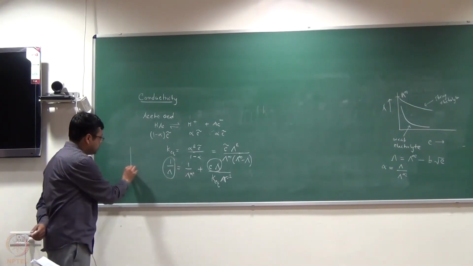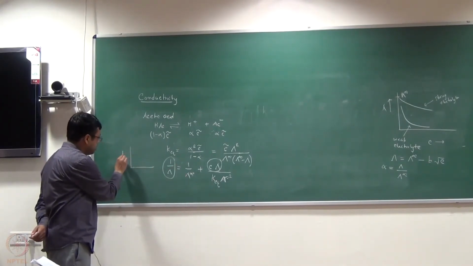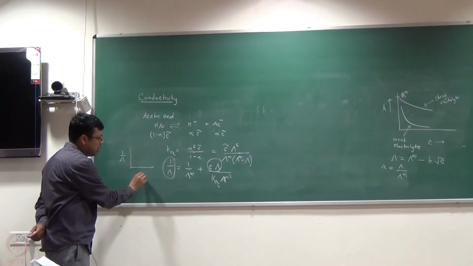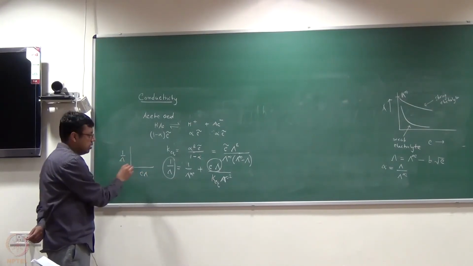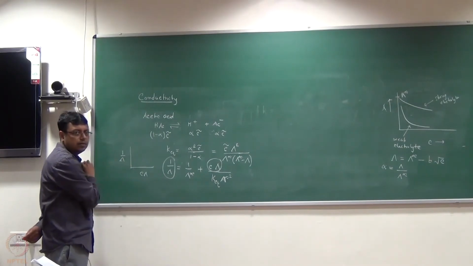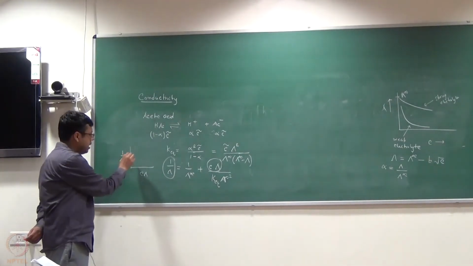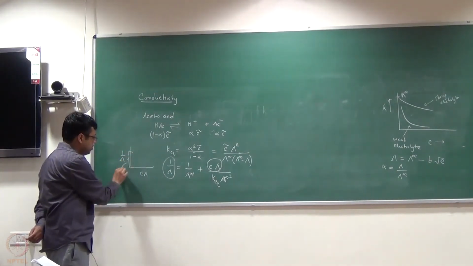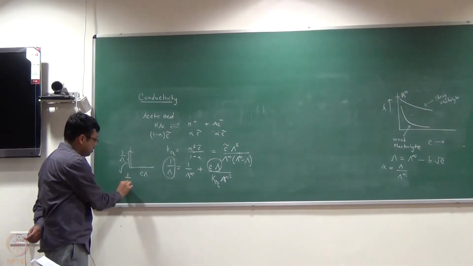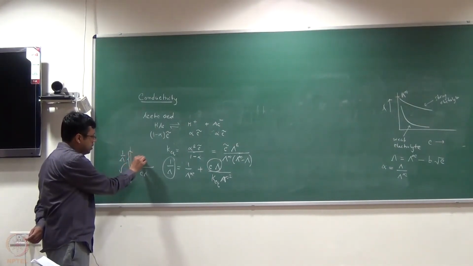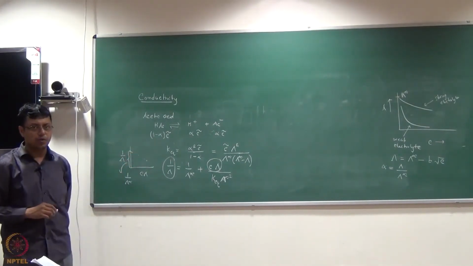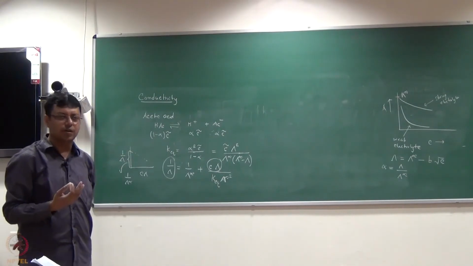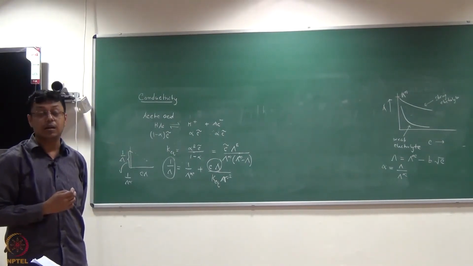So I can actually plot different quantities. Instead of plotting lambda versus C, I could have plotted these two quantities. And then I have a negative slope, and the intercept will give me 1 over lambda infinity. That is one of the ways one can do it. And this is something you already know, for example second order rates.